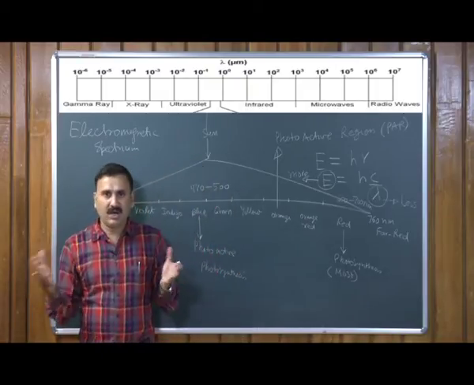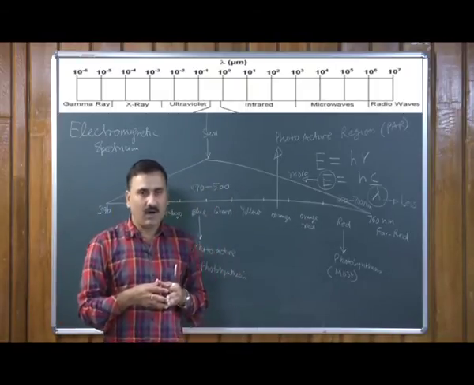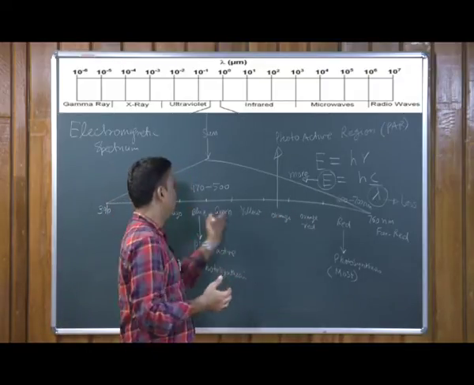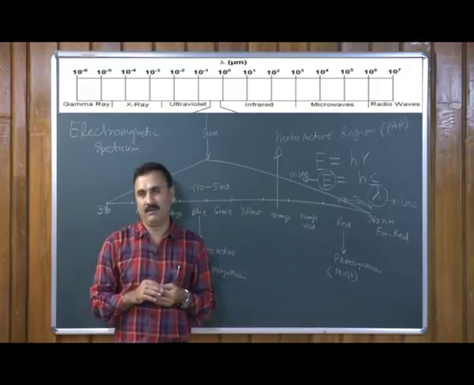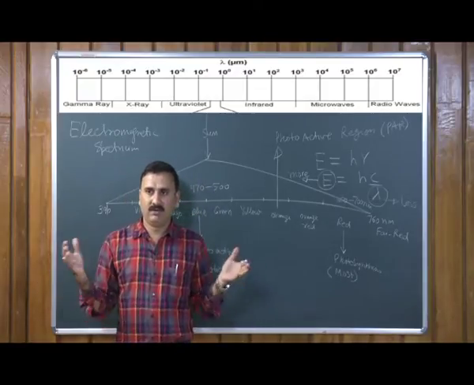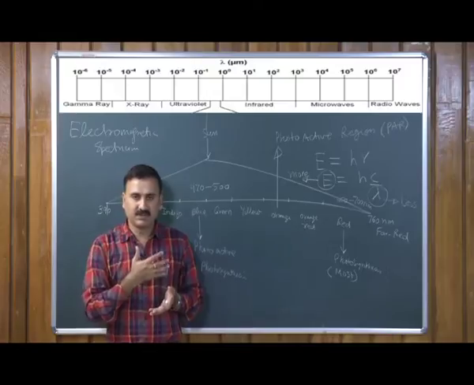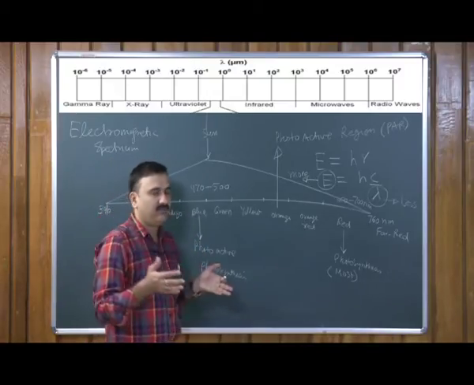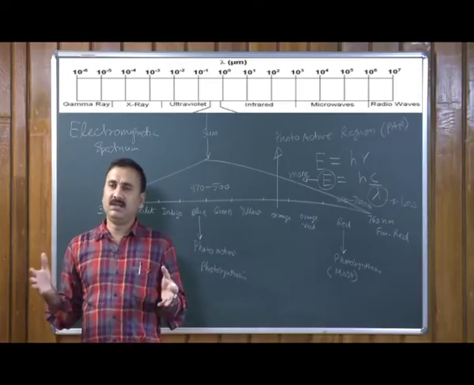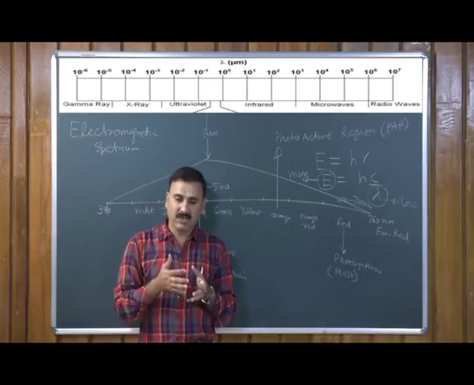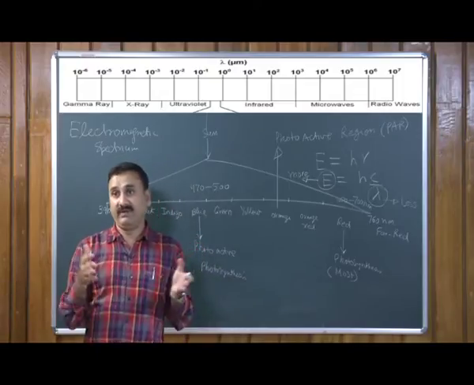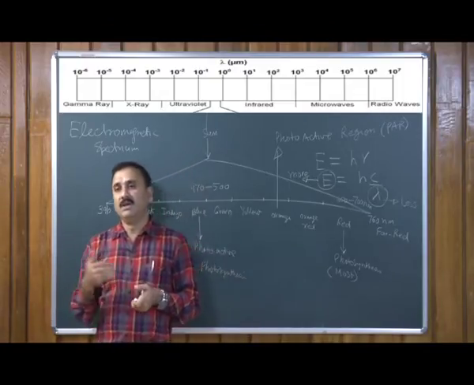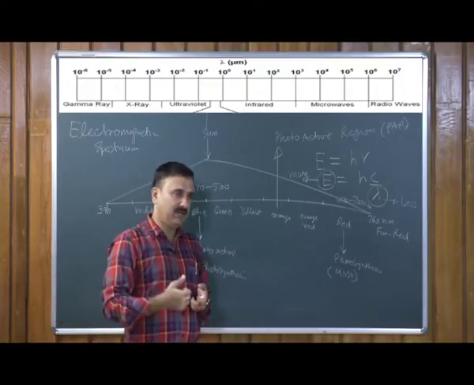Now the question comes: although visible light contains light of different colors, how is the photosynthetic machinery utilizing this light of different wavelengths to catalyze the reactions to convert the photo energy into chemical energy?